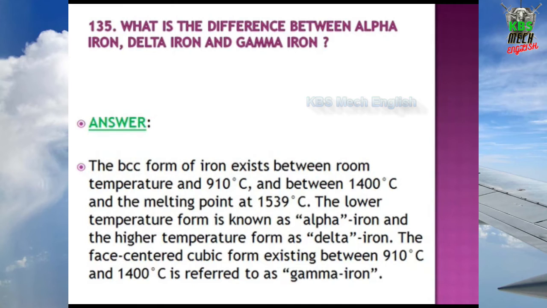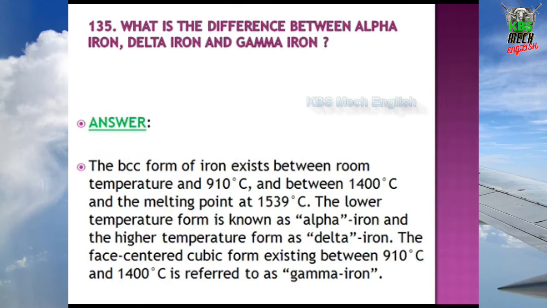Question number 135. What is the difference between alpha iron, delta iron, and gamma iron? Answer: the BCC form of iron exists between room temperature and 910 degrees Celsius and between 1400 degrees Celsius and the melting point, 1539 degrees Celsius.